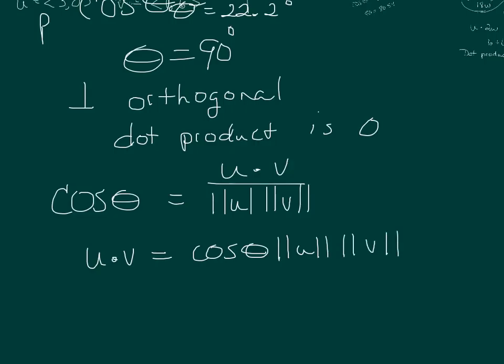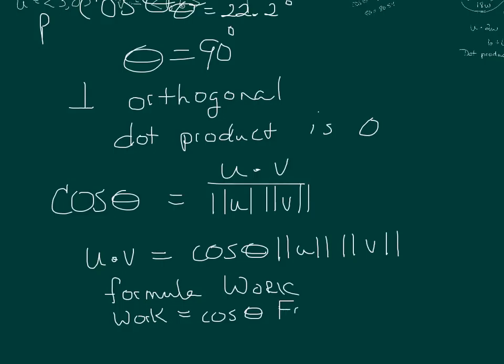This is an alternate form, and it's also the formula for work. It's physics. Work is equal to the cosine of theta times the force required to do something, or move something, or lift something, times the distance.